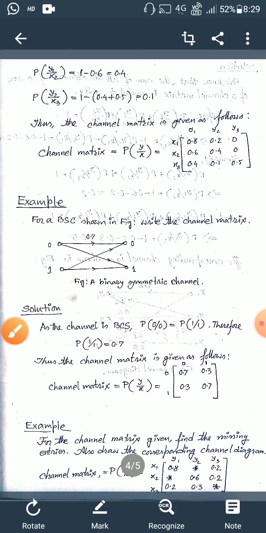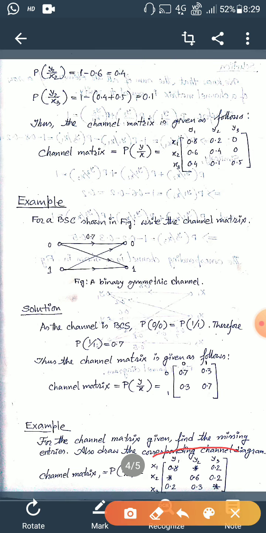The probability of x1 is total 1, so if you add the row, it will be equal to 1. Already 0.8 plus 0.2 is equal to 1, so obviously the missing term will be 0.